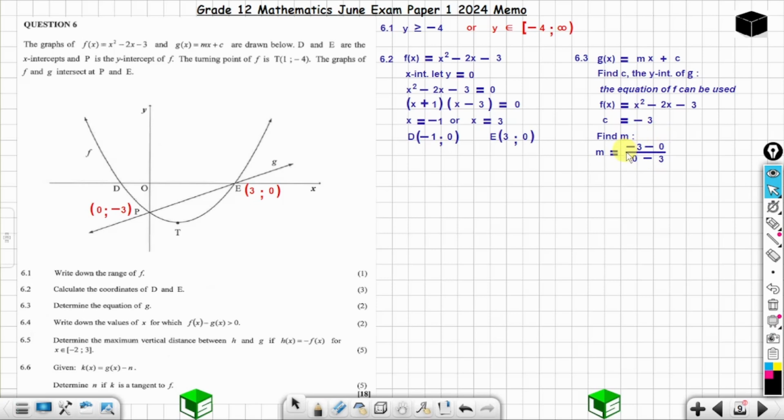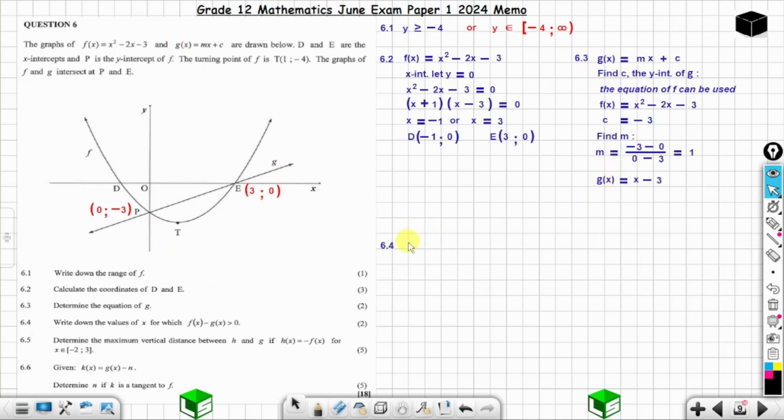So you have -3 over -3, which is 1. Now you have the equation of g: 1 times x, which is x, and c is equal to -3. So you have the equation of g, a line.